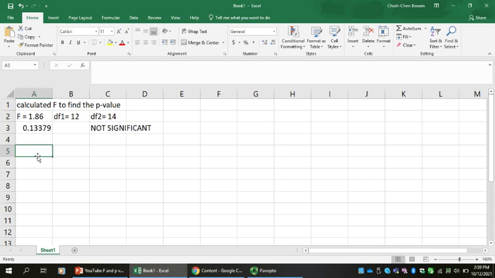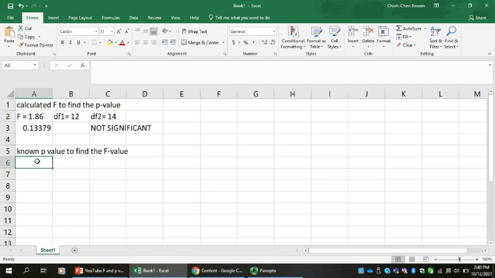And let's say we want to do the reverse. When we do the reverse, usually we have a known p-value, and we need to find the F value associated with that.